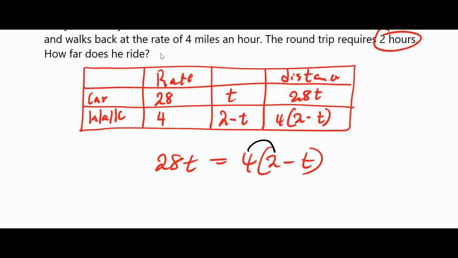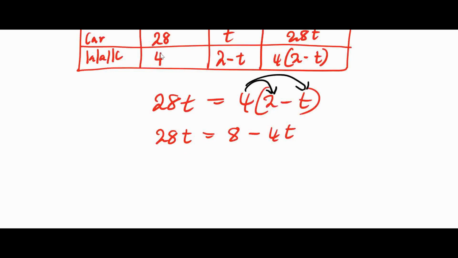Now we can distribute 4 into this. So this will become 28t equals 8 minus 4t. We add 4t to both sides. So negative 4t plus 4t will be out, and 28t plus 4t will give us 32t, and this equals 8.